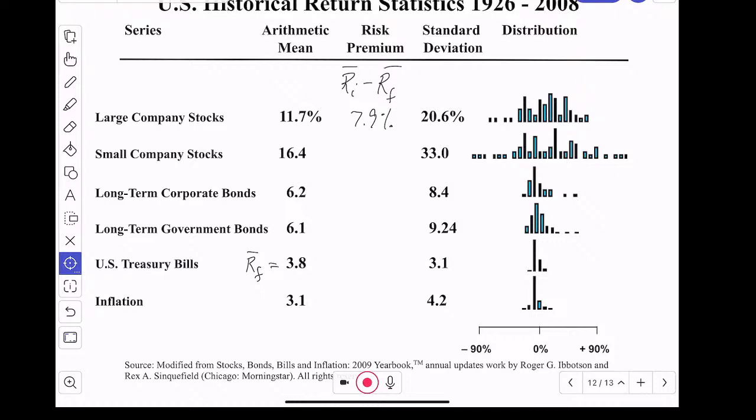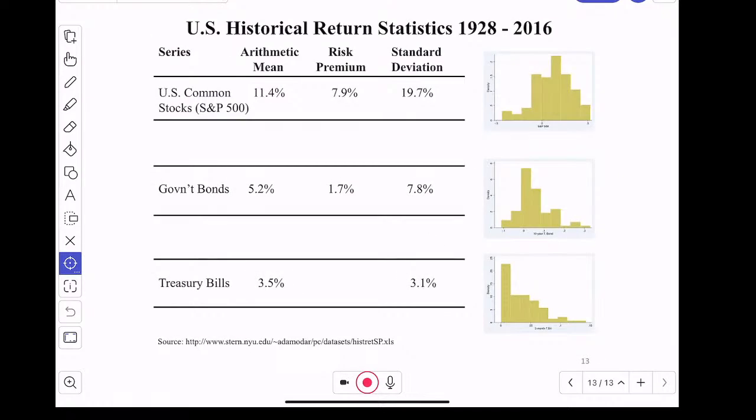And I asked you to calculate those all the way down, and then I did it again here. So for common stock, a risk premium of about 8% historically is seen. So this is the sort of thing we're talking about. Our market portfolio would be like this.